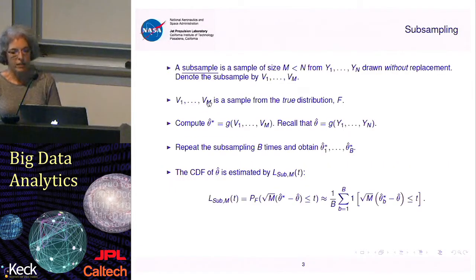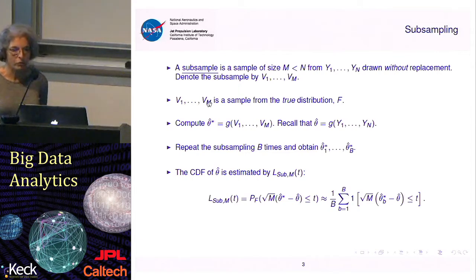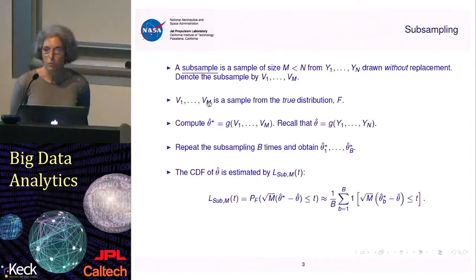So remember, in the bootstrap, we talked about drawing resamples from the one sample we actually have. Now we're going to do something slightly different called drawing a subsample from the one sample we actually have. And a subsample is a series of draws from the one sample we actually have without replacement.